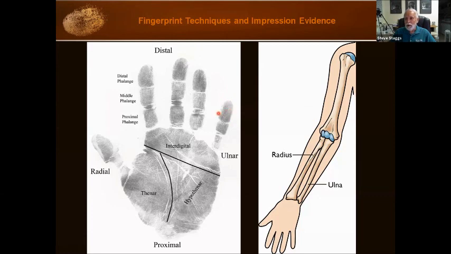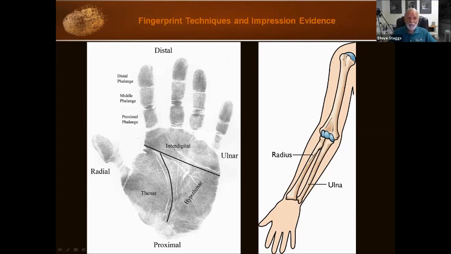If it's flowing the other direction, it's a radial loop, because that's the radius side, the radial side, the radius bone. Okay. If you have a right slope loop fingerprint pattern on the right hand, it's going to be classified as an ulnar loop. If you have a right slope loop pattern on the left hand, it's going to be classified a radial loop.